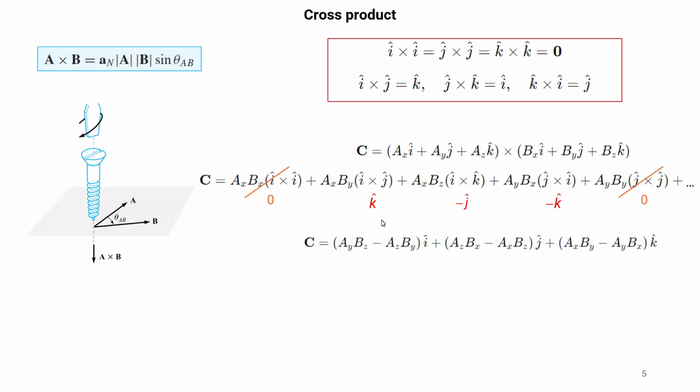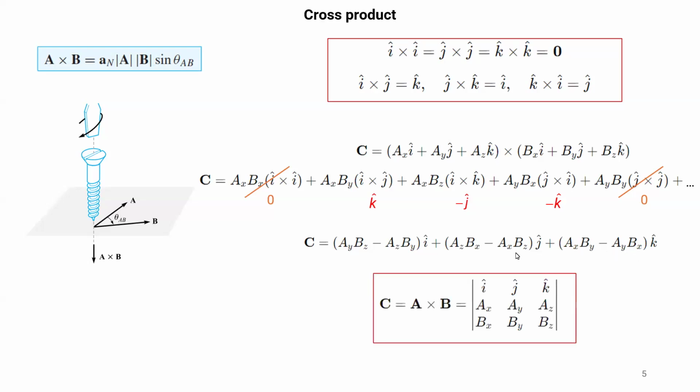If you write down the result, this is the result. So this is the component cx of the new vector, this is cy, and this is cz. And remarkably, you can rewrite this formula using the definition of this operator.